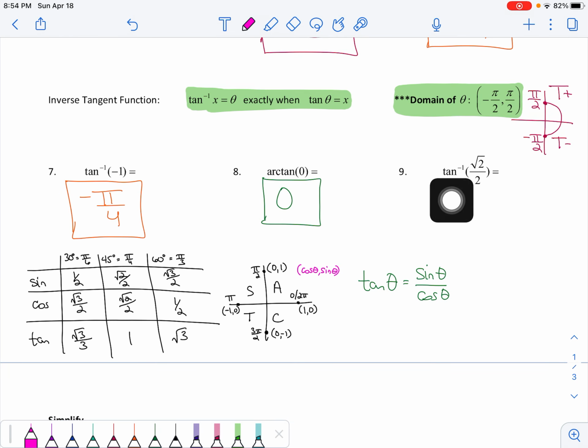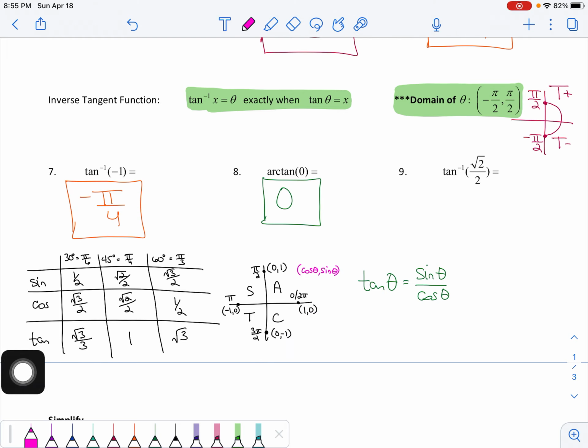All right, last but not least here, we've got the inverse tangent of root 2 over 2. Now, if I look right here, I've got root 3 over 3, I've got 1, I've got root 3. Root 2 over 2 isn't an answer here. So this particular problem, you actually can't pull off of your trig chart. You can't pull it off of here either.